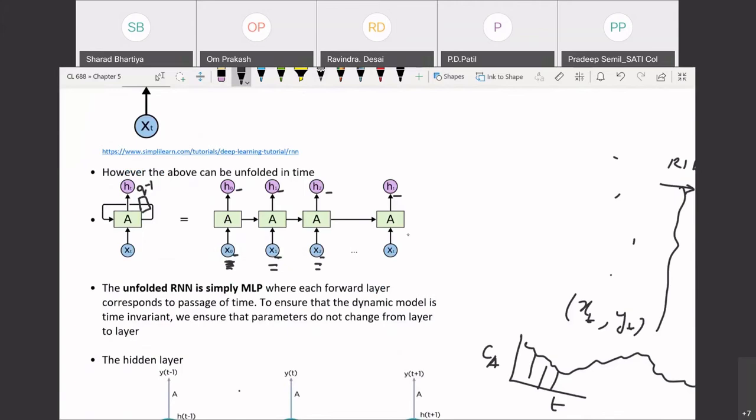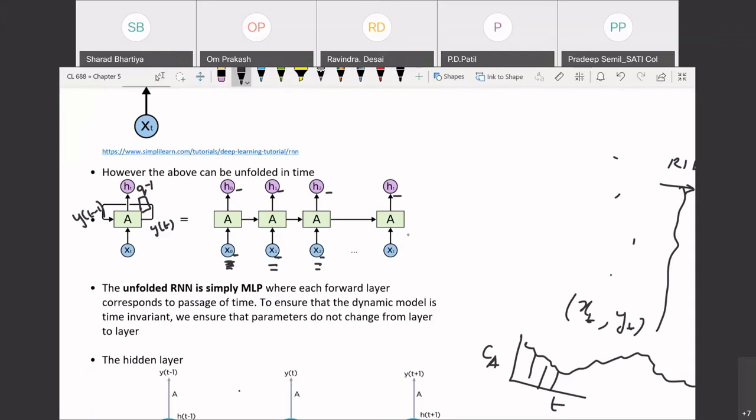So I know this is yt. Then what goes back over here, because there's the Q inverse operator, is yt minus 1. And so there's a delay operator, and I can keep feeding the previous outputs to the RNN. And this can be opened in time.